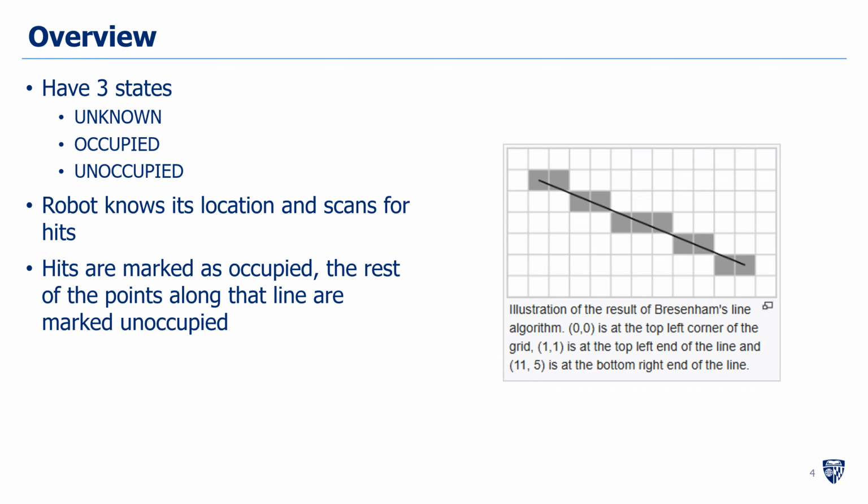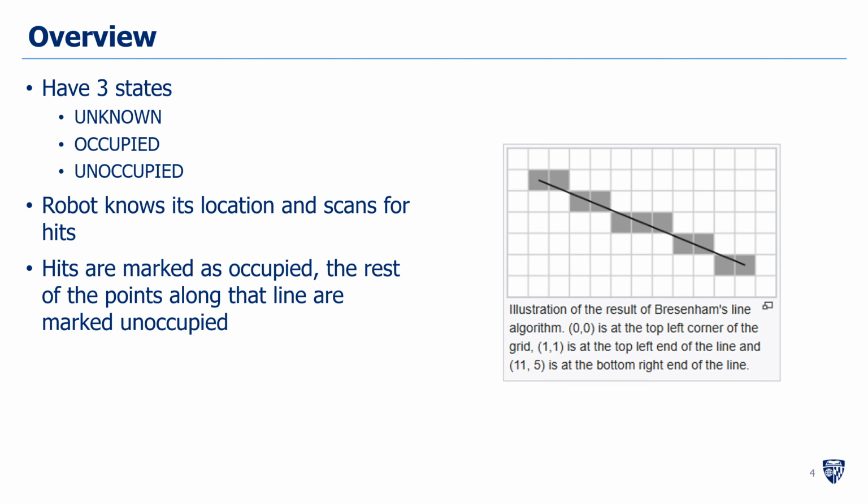So I'll get into the algorithm that this uses to do that, and I think this should give you a little more explanation on what's going on. Essentially we have three states. We have unknown, occupied, or unoccupied, and that's how the robot fills its map in. It knows its location, and it's really scanning for hits.